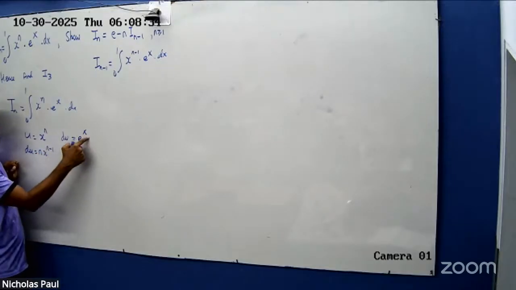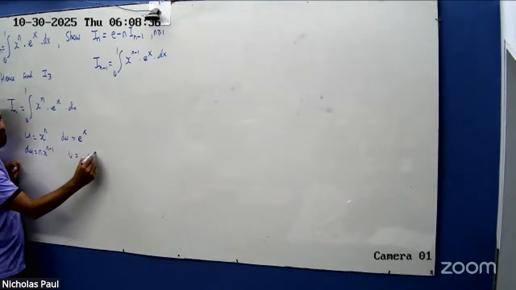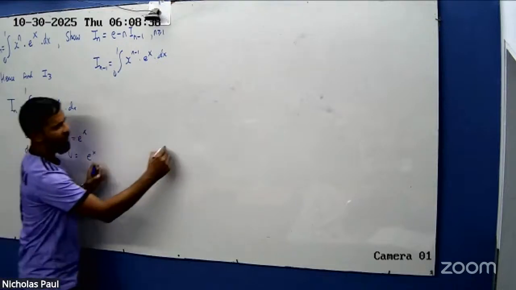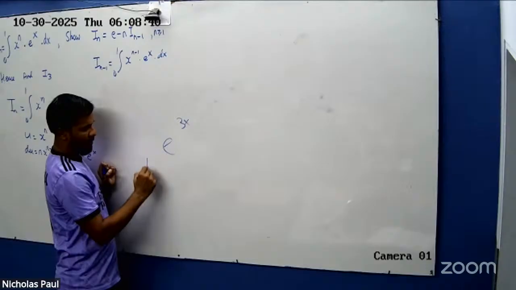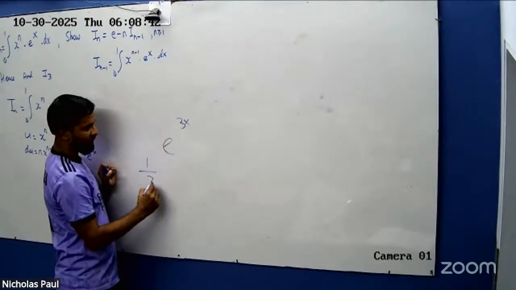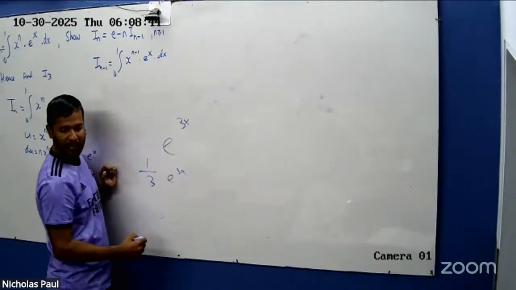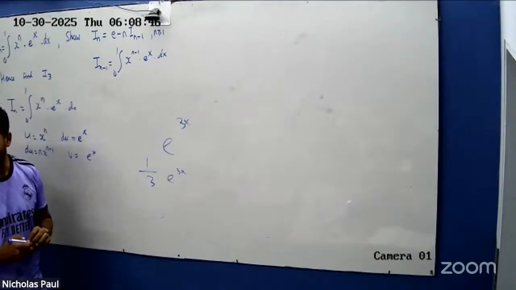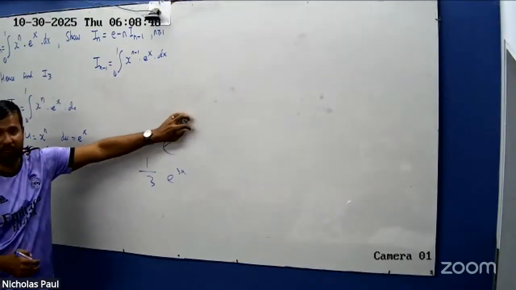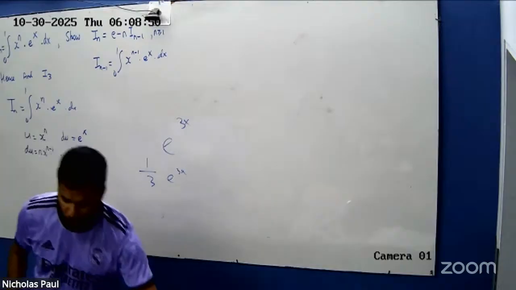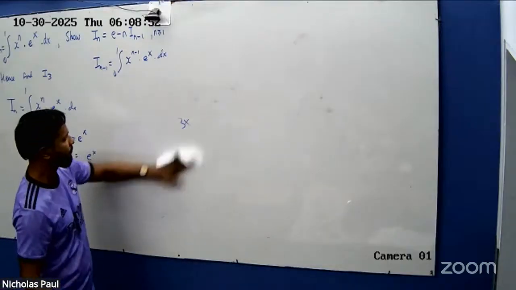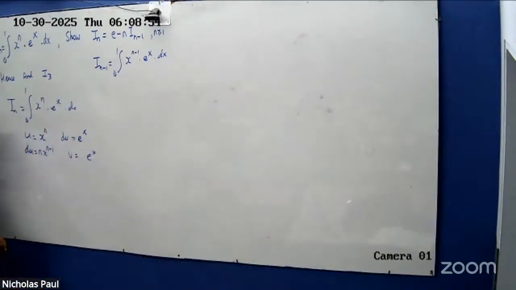I am going to integrate this. What's the integral of e^x? e^x, right? What's the integral of e^(3x)? 1 over the derivative of the exponent, times e^(3x). That's okay? So 1 over the derivative of this, times the original thing. Nice. So now I know I_n. What's the formula for integration by parts again?